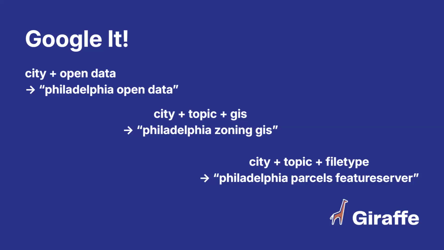My favorite hacks or tricks for finding things in the Google search algorithm is to use very specific keywords for the types of information that we want to load into Giraffe. So I always want to include the city or the county name, basically the municipality that we're working in or suspect that there's going to be data that's useful for you stored by.